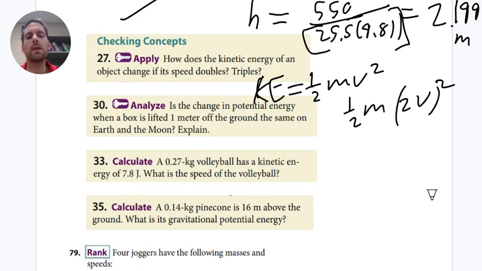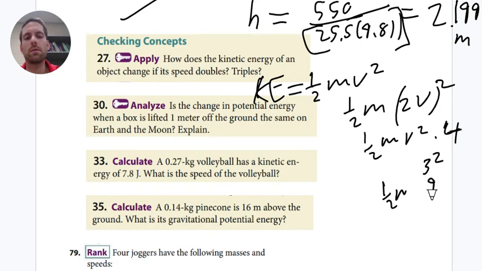And we're going to get our original times 4. And if we do a similar thing with triples, we're going to get the original times 3 squared, or 9. So if we double it, our kinetic energy quadruples. If we triple it, our kinetic energy goes up by a factor of 9.